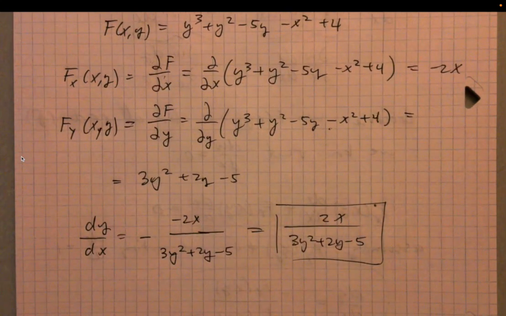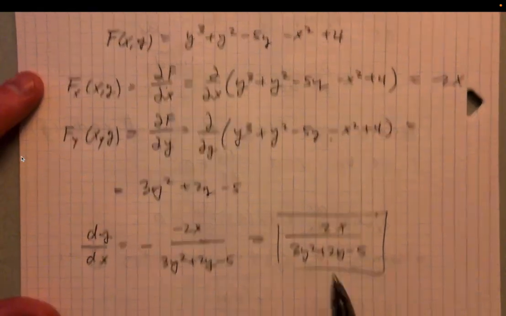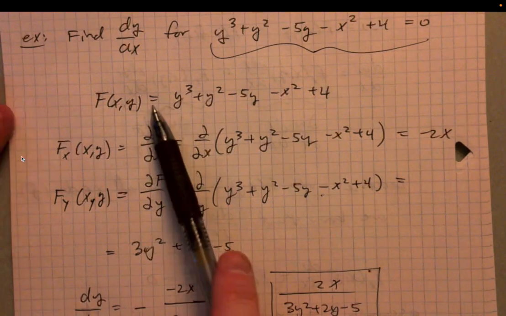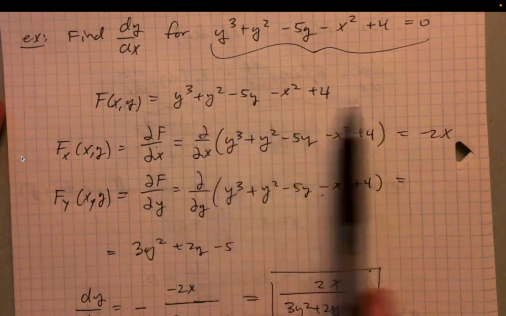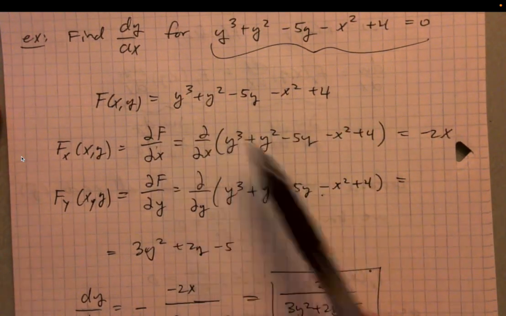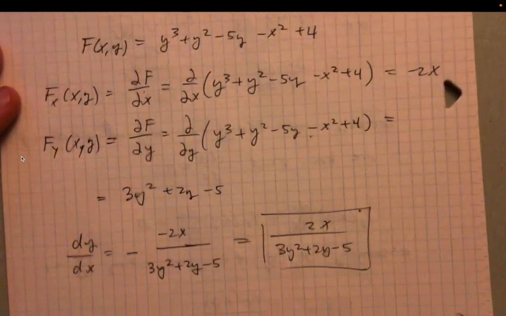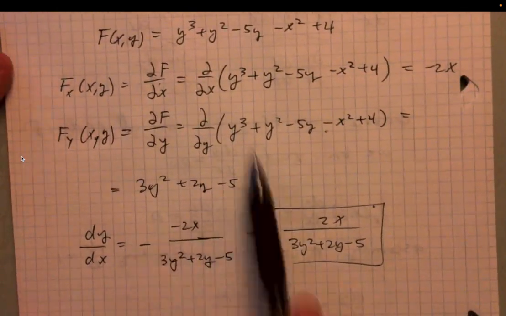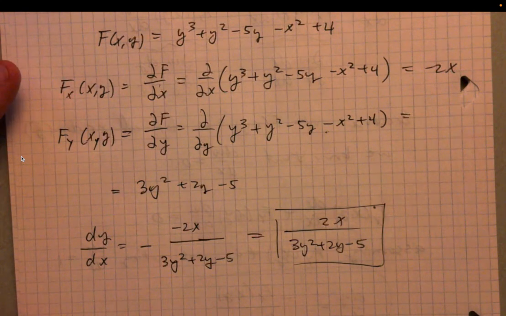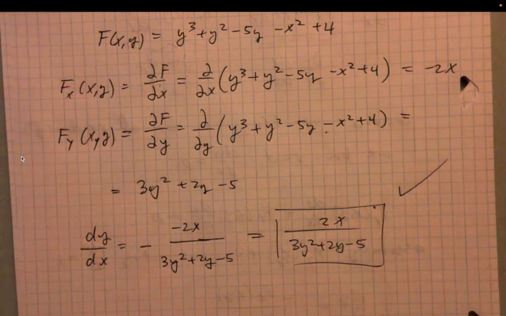Now, I don't know for sure if that's easier than just implicitly differentiating this like Calc 1 style, but I've got to think it's not harder, and in a lot of cases, I can imagine this would be easier. So, very good. That is the chain rule.